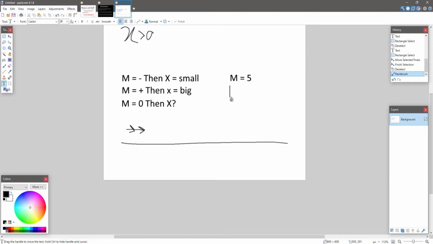That means, for the sake of argument, that makes x 10. Again, I don't know the relation between m and x, I just know this kind of relation. I don't know exactly how big, but let's just say, for the sake of argument, when m is equal to 5, then x is 10. So, when m is equal to negative 5, then x will become 1 over 10.